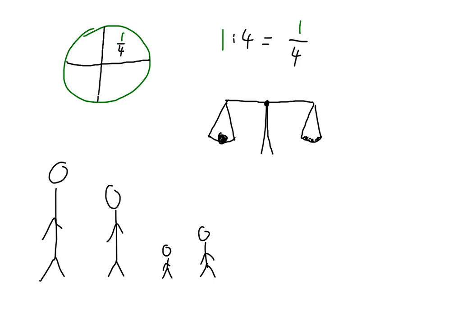And also this is 1/4. And also this is 1/4. And finally also this is 1/4. Okay, and here you can see, if you add all these quarters together, I'm just doing it like this, it's a little bit faster. 1/4 plus 1/4 plus 1/4 plus 1/4.